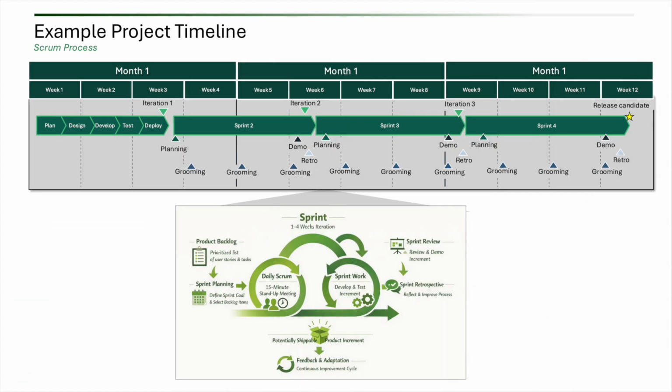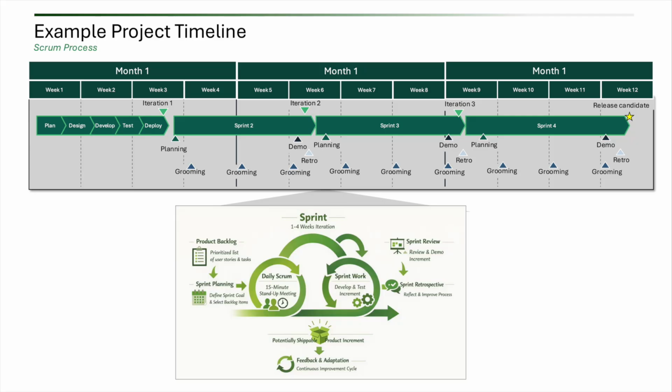To begin, it is useful to ground ourselves in the core rhythm of Scrum. Scrum works through short, repeatable cycles of planning, designing, developing, testing, and deploying. Rather than trying to define and deliver everything up front, the team works in increments. Each sprint creates an opportunity to clarify priorities, build a smaller slice of value, review what was produced, and adjust based on feedback.